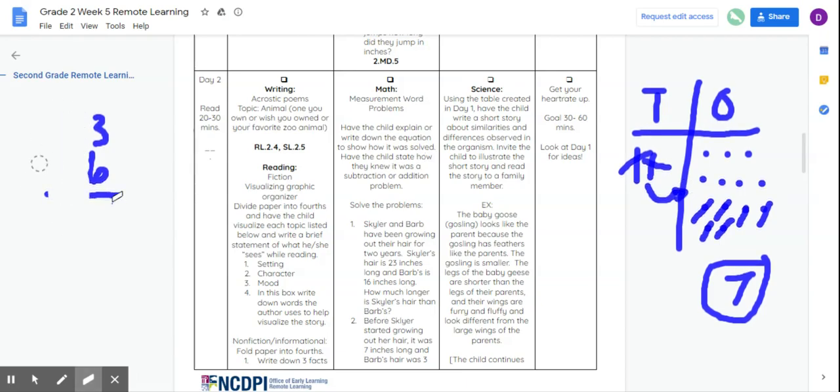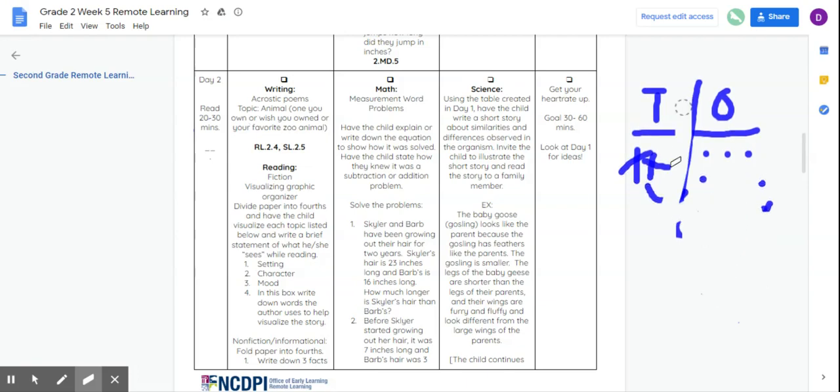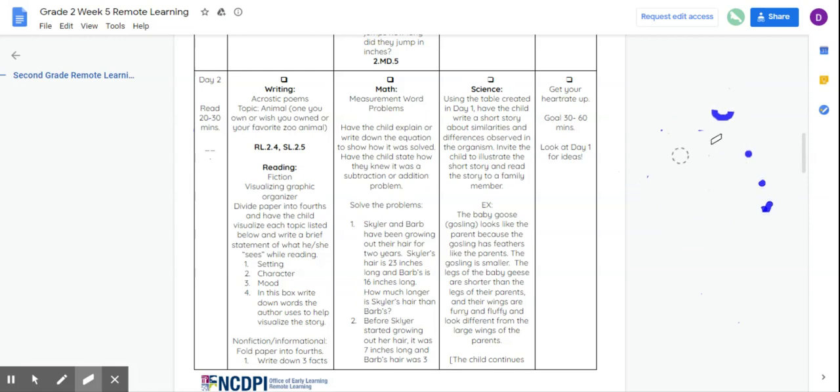Okay, let's look at number 2. Erase all this. All right.